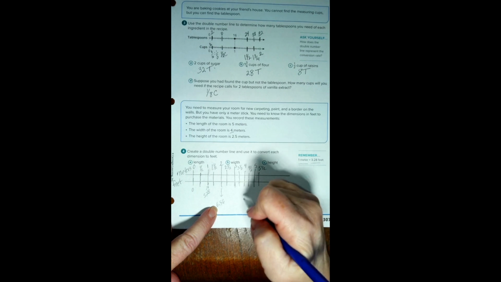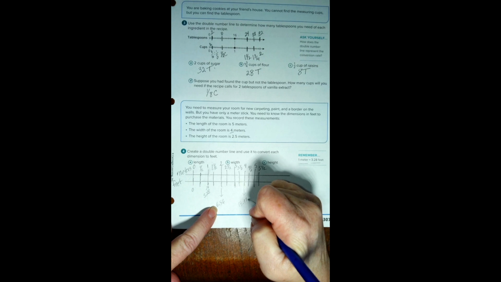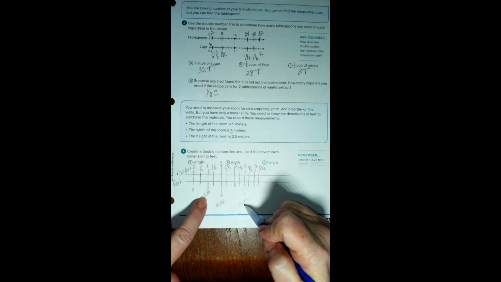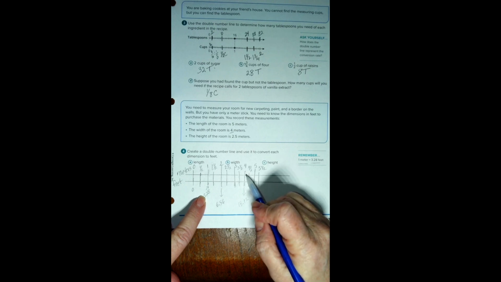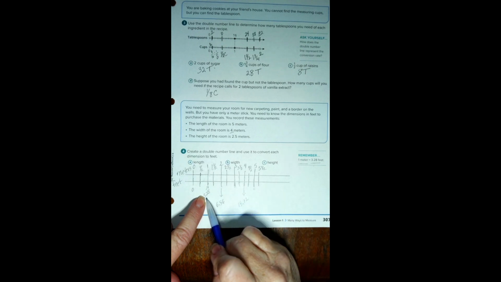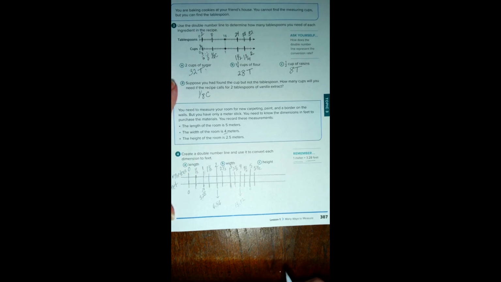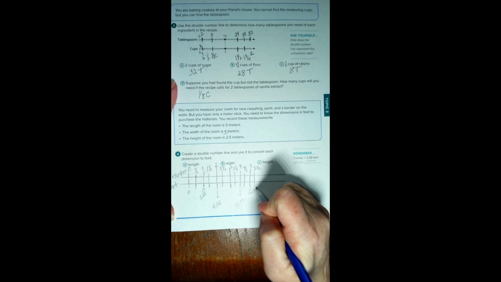So that will be 13.12. And then add another meter to here. So the 3.28 feet, 1 meter plus 4 meters equals 5 meters. So 3.28 plus 13.12 is 16.4. Okay, so let's see if we can answer this.